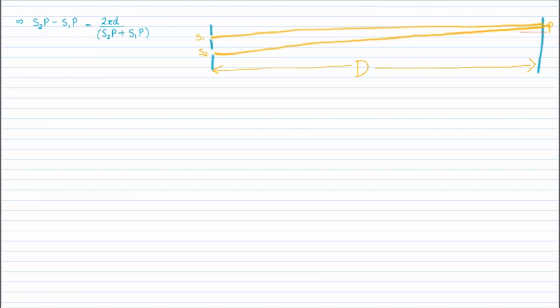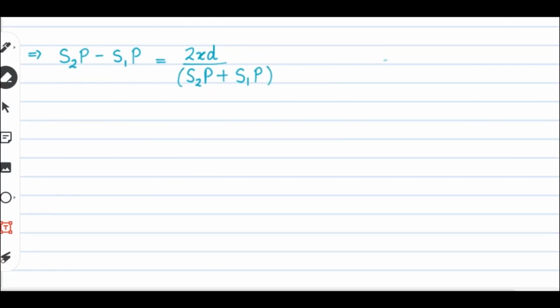When this screen is placed very far from the monochromatic or coherent sources, this distance S1P is approximately equal to S2P. Or I can say both of these distances, S1P and S2P, are approximately equal to the distance between the coherent sources and your screen. Can I take this assumption? Yes. Fine, so I can take this assumption.